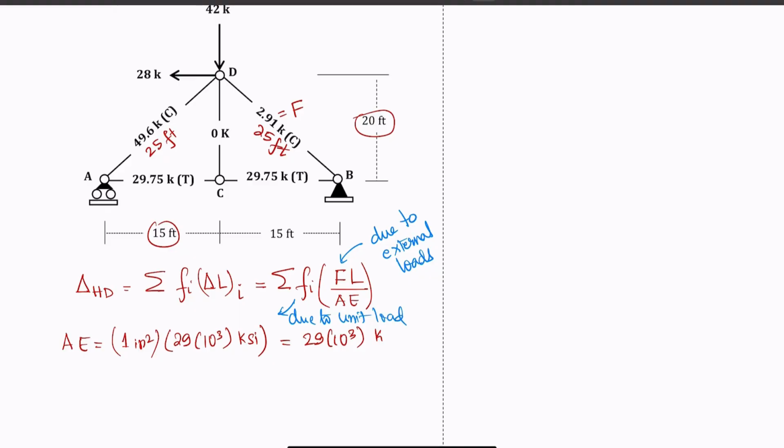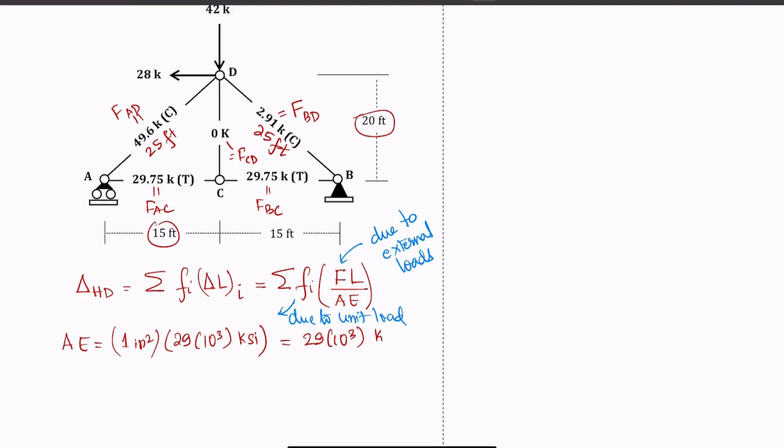I'm going to show you how to find small f. In this case, this will be fBD, this will be fBC, this will be fAC, this will be fAD, and this will be fCD.